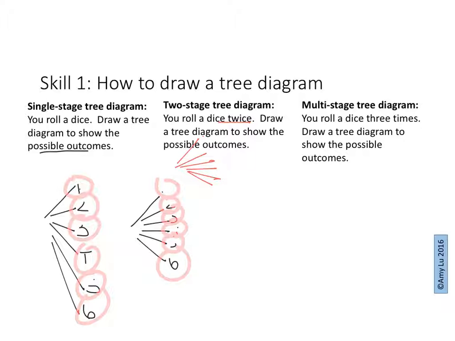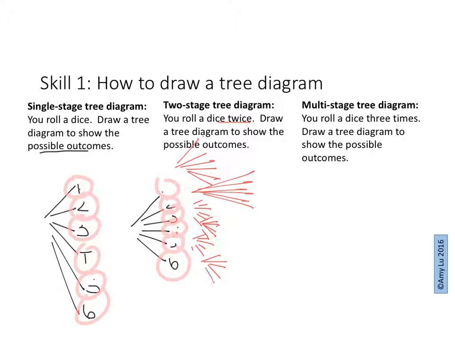If you roll a 2 in your first outcome, your second outcome is also 6 different outcomes. For your third, if you rolled a 3 in your first outcome, your second outcome could also be 1, 2, 3, 4, 5, 6. And it continues in this way where there are always 6 outcomes, because in this case, we're rolling a dice.